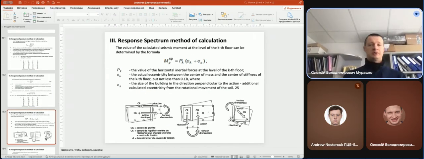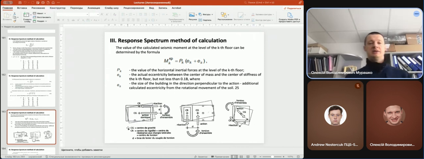An additional important moment which I also want to consider with you is additional effects. For example, when we deal with an irregular building, it could be irregular not only by form, but also from the stiffness point of view. When we have diaphragms, for example, in this case, it's the plan of the building, and in the plan we can see that we have diaphragms on three sides of the building, and instead of a diaphragm in this way, we have columns.